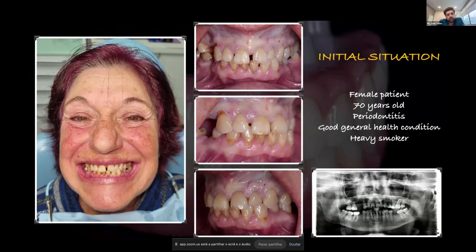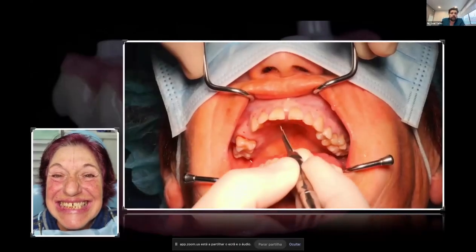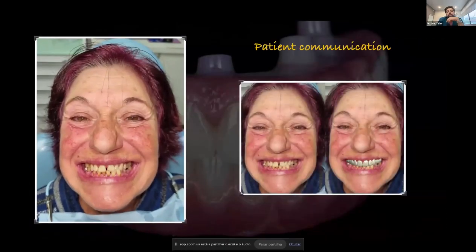The patient has had enough, so she wants to go for implants. And I received her, and you can see the teeth were like this. And I said, okay, but I want to do 2 FP1s for you, because even though I understand what you are telling me, I don't want to cut all this bone away.